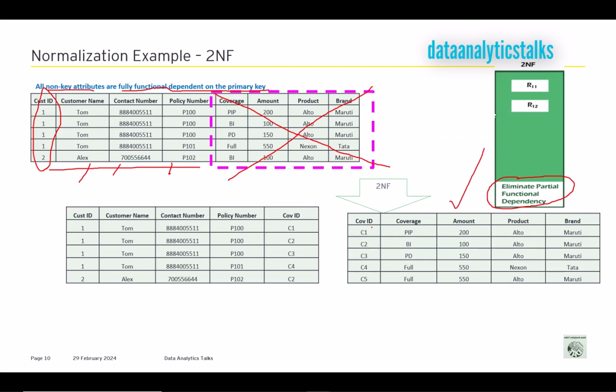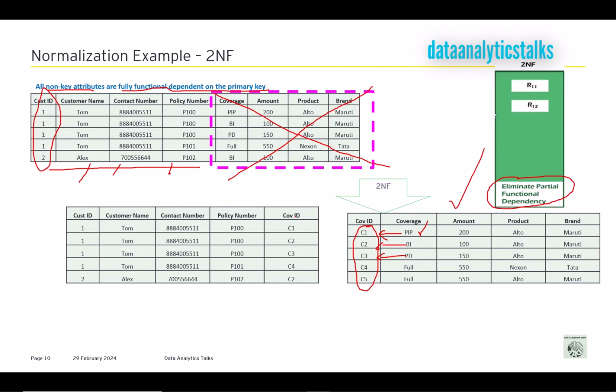So the coverage becomes dependent on this ID. Then we will add this primary key into the customer table.